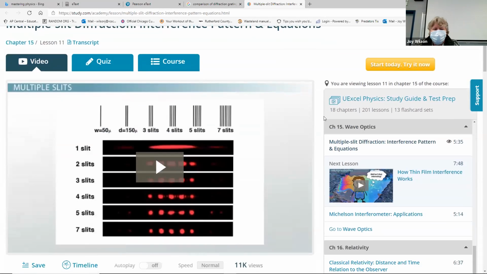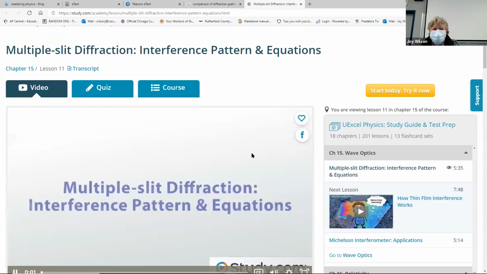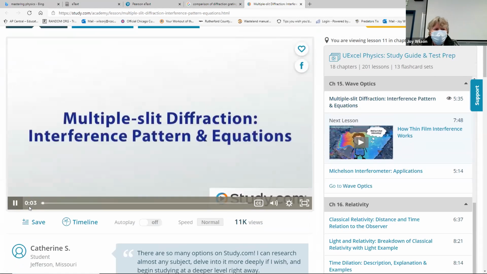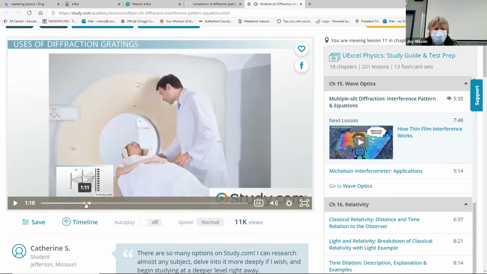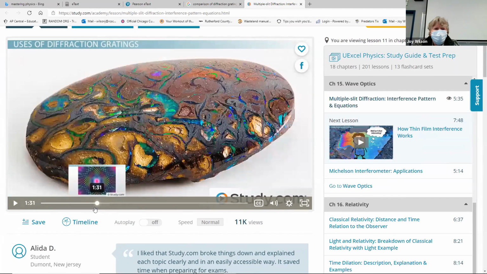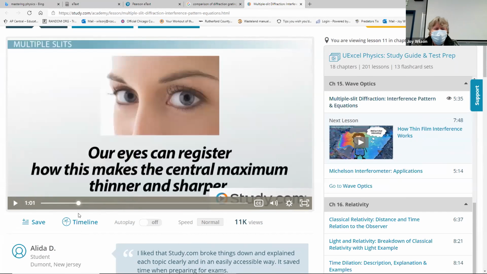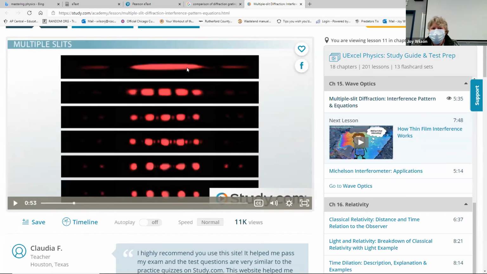When we go from one slit to two slits, just get over to that image if I can. So there we go. So what you see is the single slit at the top.